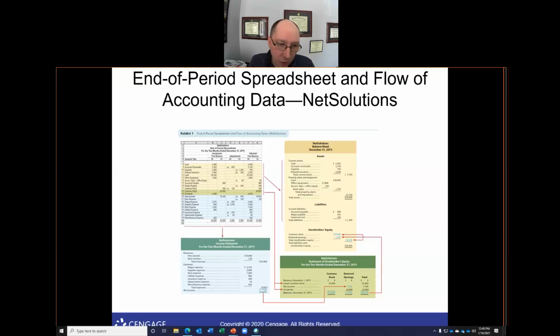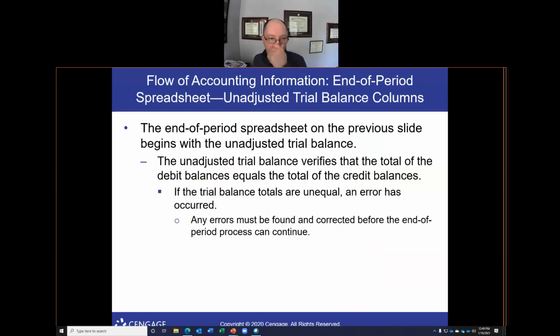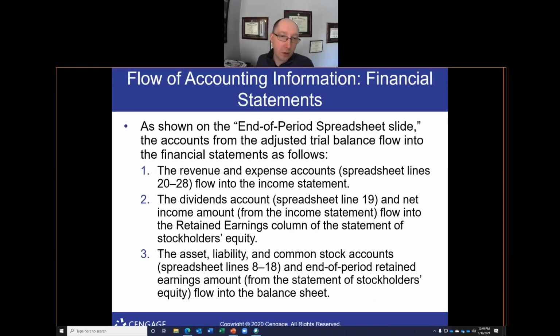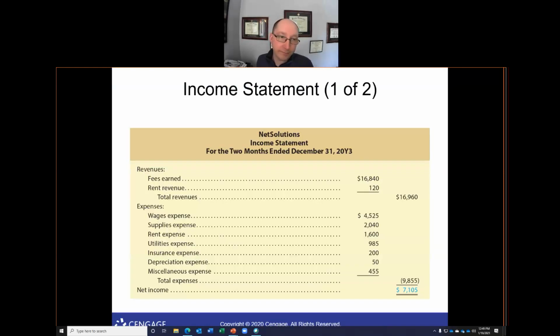We transfer the equities to the statement of equities or statement of retained earnings, and then that transfers to the balance sheet. This is the flow of accounting information, which is all a part of the accounting cycle.